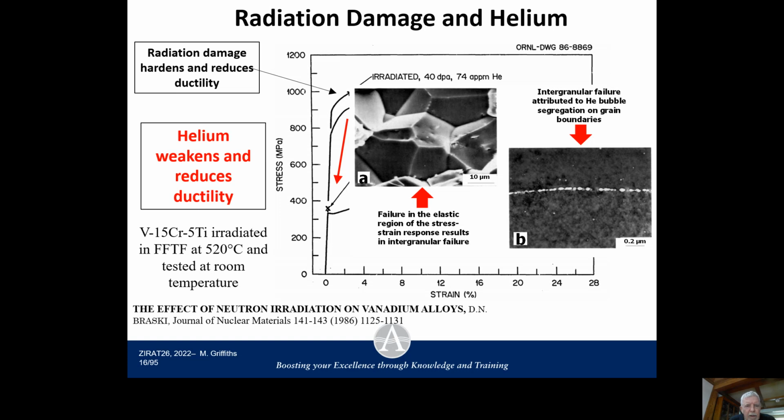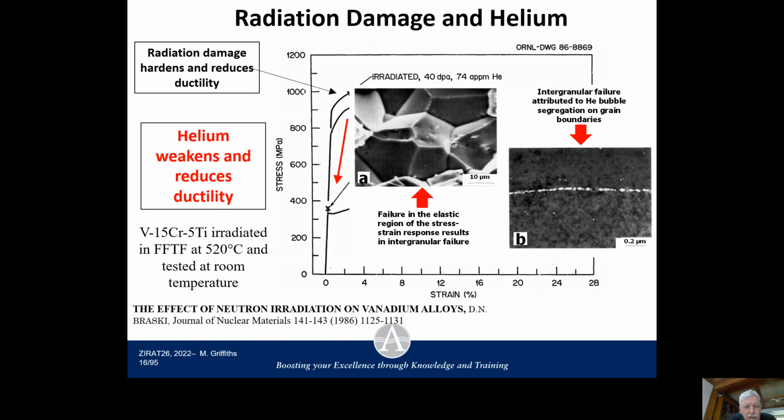Brasky showed that the embrittlement that we see here, the reduction in ductility where the material essentially fails in the elastic region, with essentially nil ductility, is characteristic of an intergranular failure in this particular case.